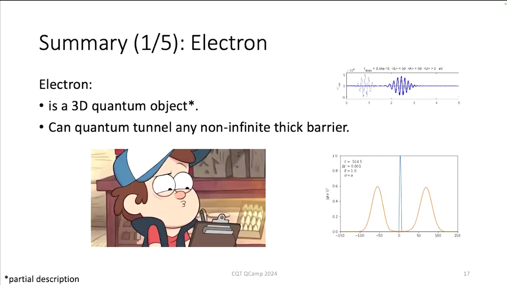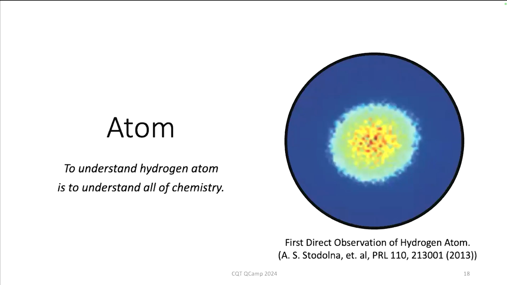So with the electron out of the way, I can move on to the atom. Okay, understand the hydrogen atom. If you understand this, I think you'll be able to basically do all the chemistry problems, I hope. Yeah. So this picture is the first observation of the hydrogen atom.